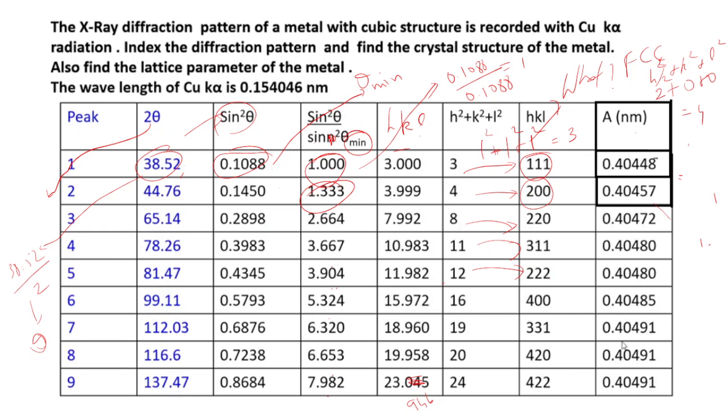This is very crucial because of its application. From just the theta values, you will be directly able to get the Miller indices, and once you have the Miller indices, there is this formula: lambda square by 4a square is equal to sine square theta by h square plus k square plus l square.